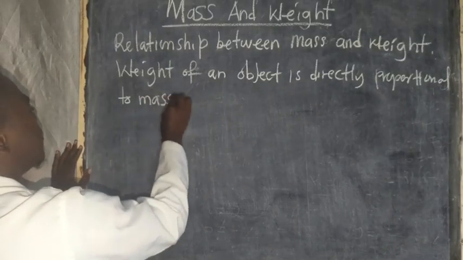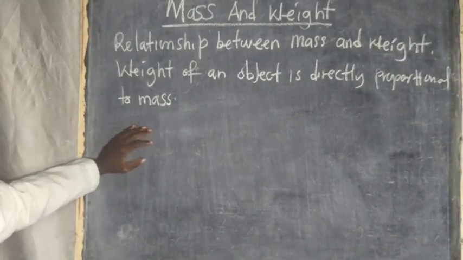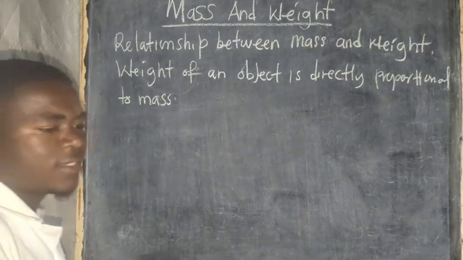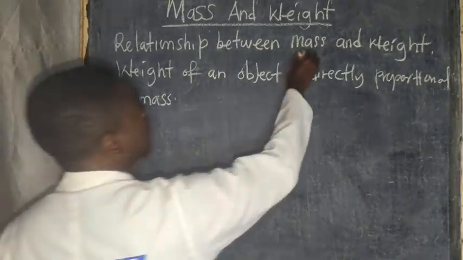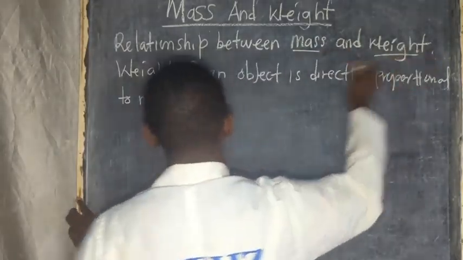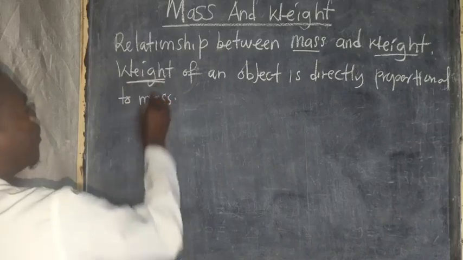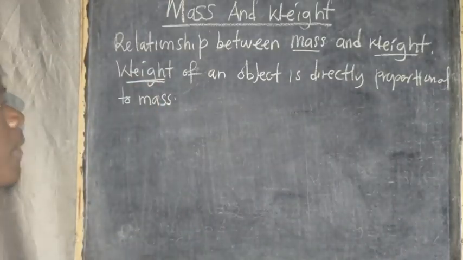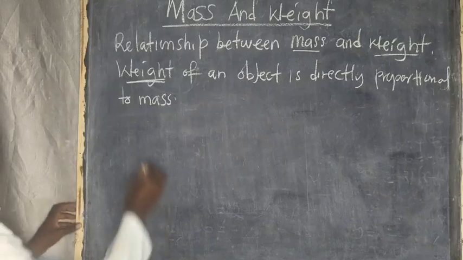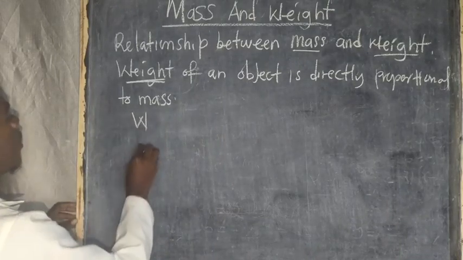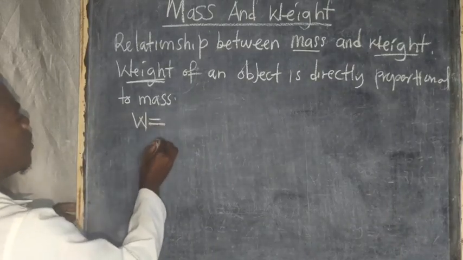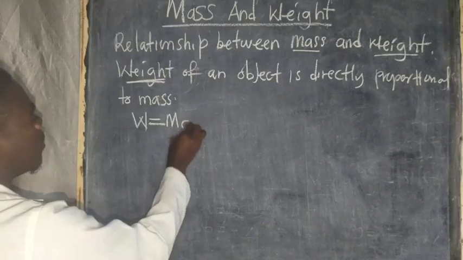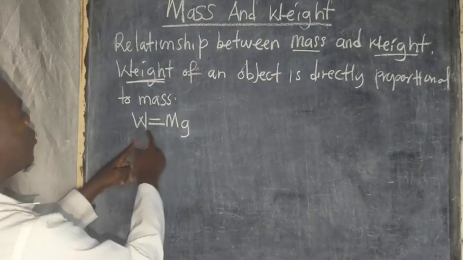This is the relationship that gets to exist. When you want to find weight, you're going to say weight is equal to mass times gravity.